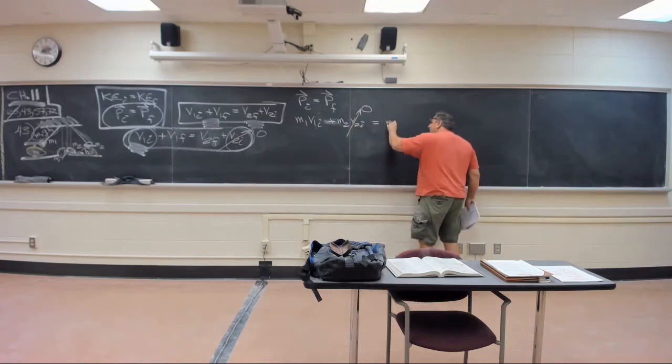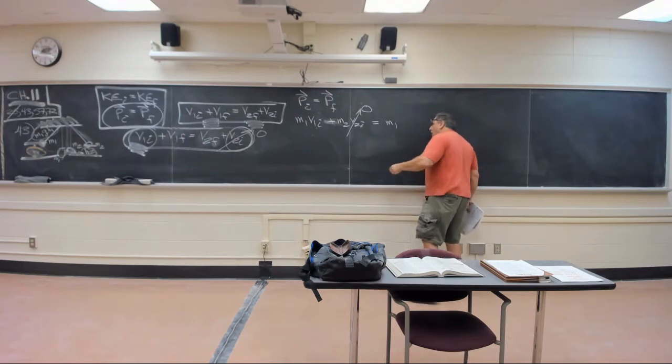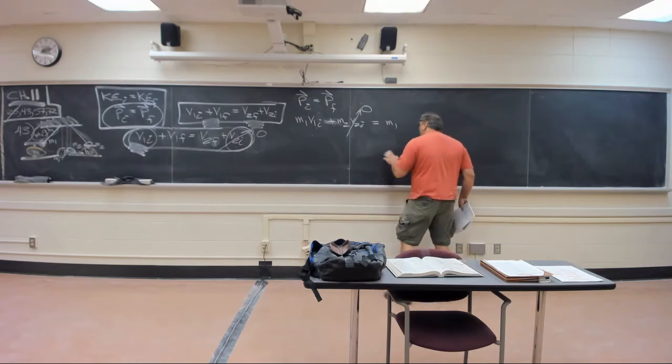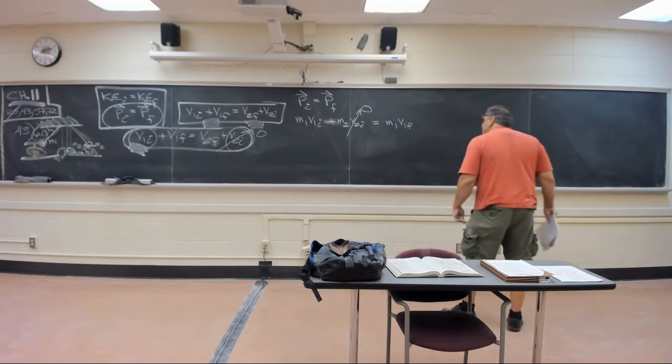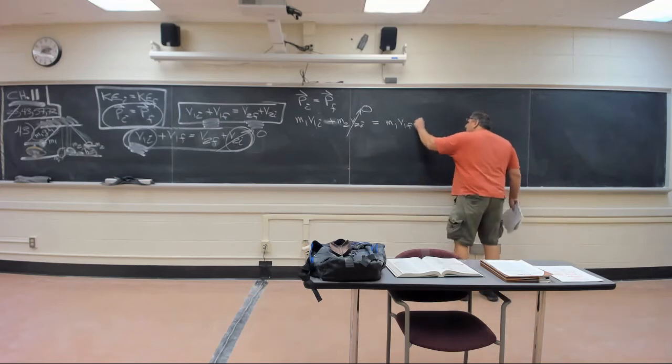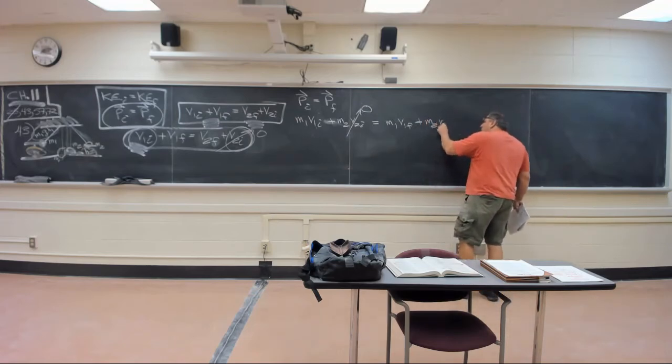Then the other guy bounces off. He might keep going forward, and he might fly backwards. We don't know, but it's a vector quantity. That's V1F. We got to talk about that. And the other guy is M2 V2F.